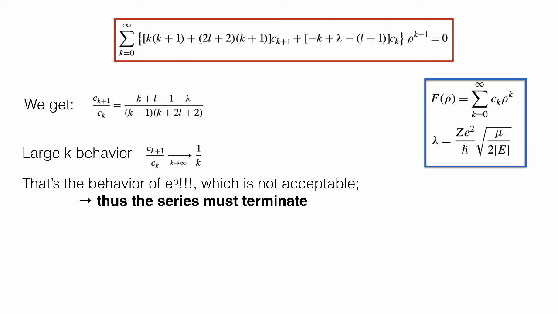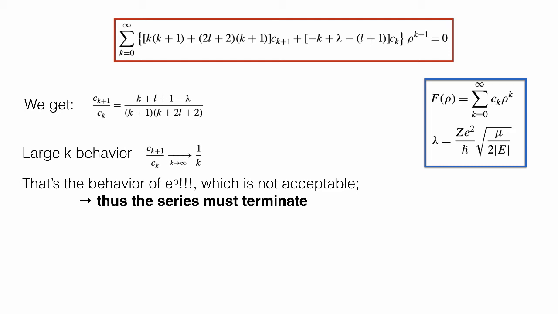So the only way that we can avoid this is to avoid k going to infinity. In other words, to have this series terminate. So we have to find a way for the series to terminate. In other words, at some value of k that we are going to call n_r, let's say, the coefficient c_{n_r} will be equal to 0.